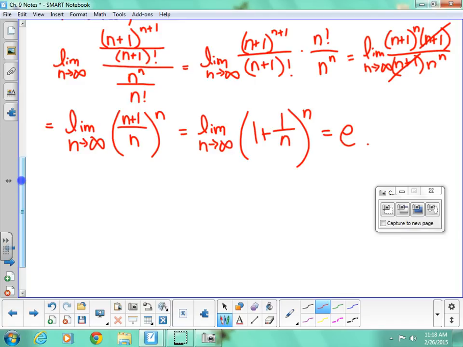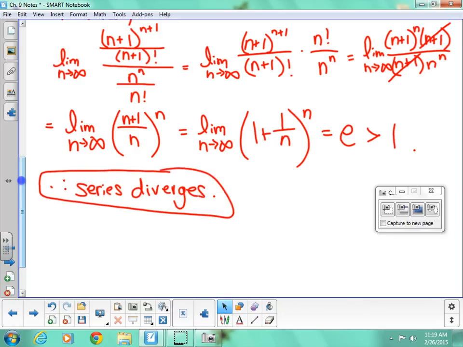N plus 1 over n to the nth, I can make it n over n plus 1 over n. 1 plus 1 over n to the nth equals e. And e is greater than 1. So therefore, the series diverges. Nice. That one was interesting, a bit tricky.